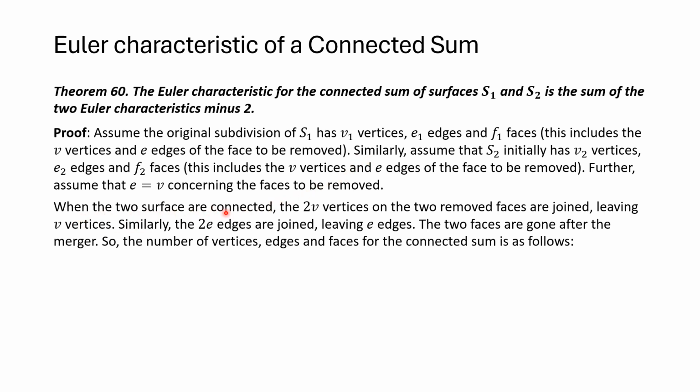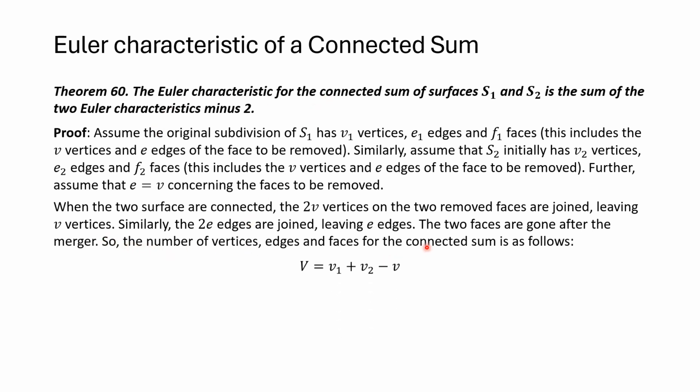When the two faces are connected, the two V vertices on the two faces to be removed are joined, leaving V vertices. Similarly, the two E edges are joined, leaving E edges. This is after we do the connection. The two faces are gone after the merger, because now you pull the faces off that are being removed, and then you just have a hole between the two surfaces which you connect.